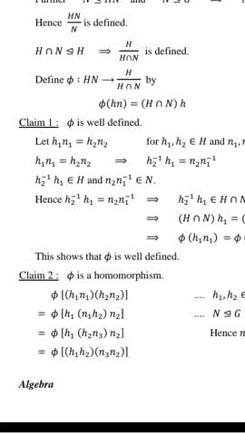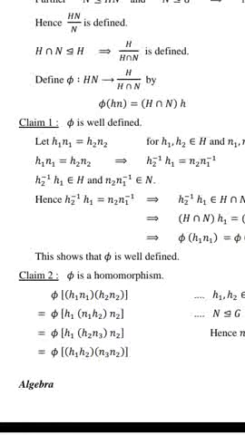Define a mapping phi from HN to H divided by H intersection N by phi of hn is equal to H intersection N times h. Now claim that phi is well defined.